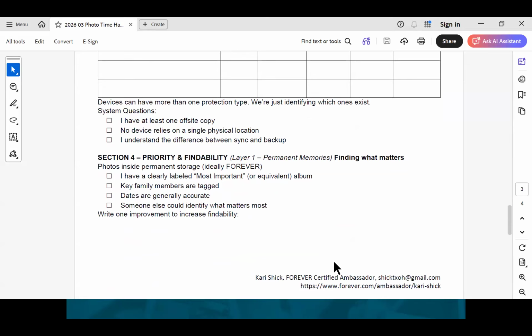Do you have information there identifying your key family members? Are dates generally accurate? Or if they're not, did you identify that somewhere so that people know the lay of the land? Would someone be able to identify what matters most and get to that?